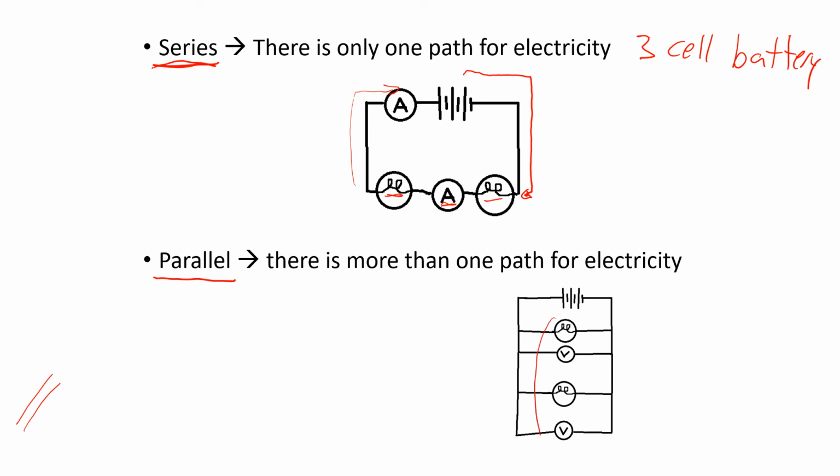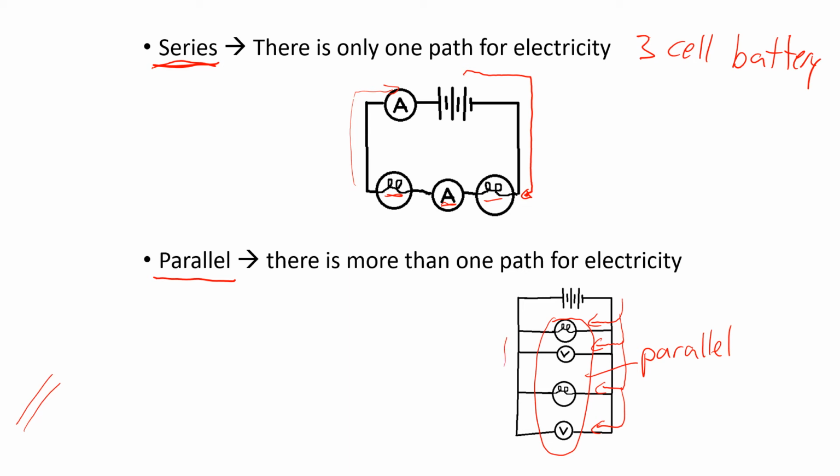These sections right here are all in parallel. The electricity may choose to go through this light bulb, or it may choose to go through this voltmeter, or it may choose to go through this light bulb, or that voltmeter. Okay, so that's why these are parallel.